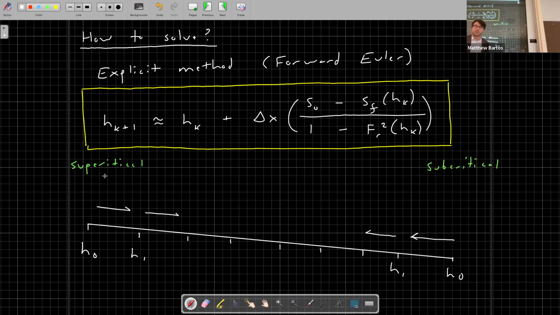From our problems last time, you noticed that the depth converged to a particular value. What was the value that the depth converged to in our channel? When we had a backwater, as we proceeded upstream, that depth in the channel converged to a particular value.